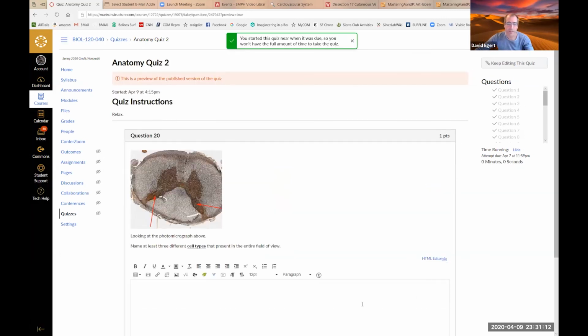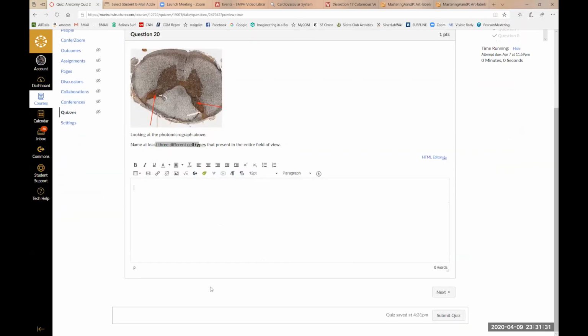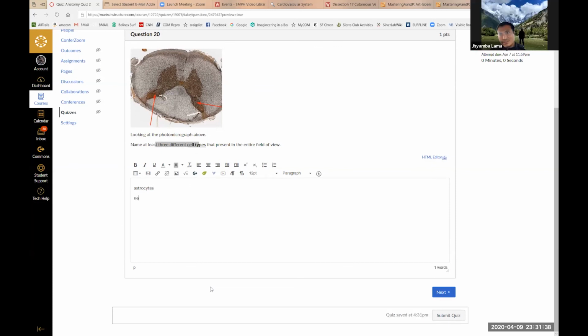This question basically says, name at least 3 cell types present. The main thing you need to know is, I'm looking at the spinal cord, so I'm looking at the CNS. What are different cell types you might find in the CNS? Astrocytes. Neurons.